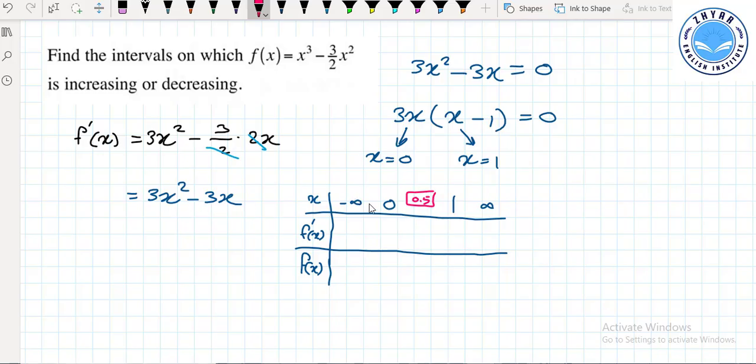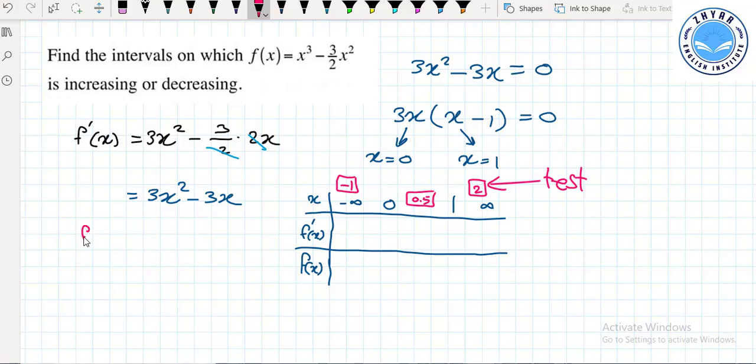Then I'm going to choose a number on the left side of 0, let's say negative 1. And on the right side of 1, I'm going to choose 2. Always put these test numbers in squares like this, so by mistake you don't write these in the intervals of increasing, decreasing, because these are numbers just for testing if the derivative is positive or negative. We don't need the numbers themselves.